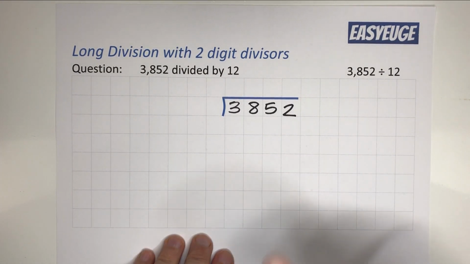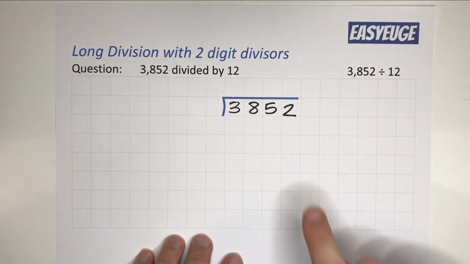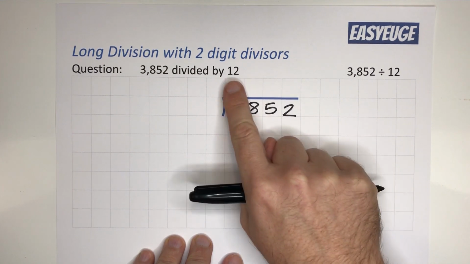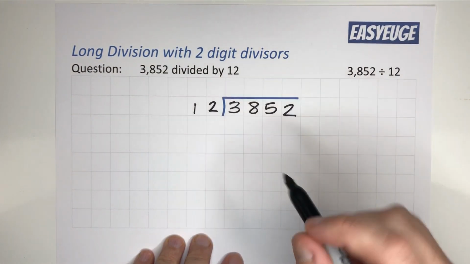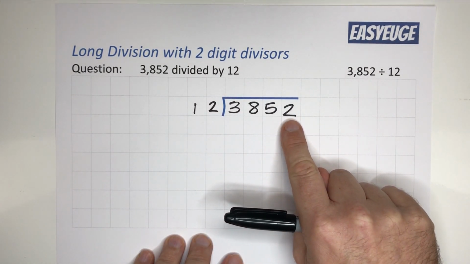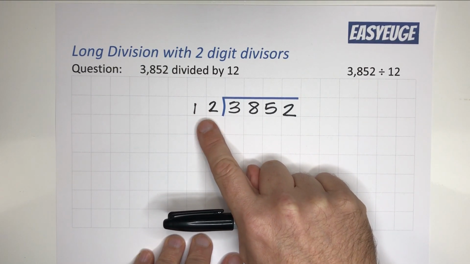The divisor is the number that we are dividing by. So we are dividing 3852 by 12. This is the dividend, the number we are dividing up, and this is the divisor, the number we are dividing by.